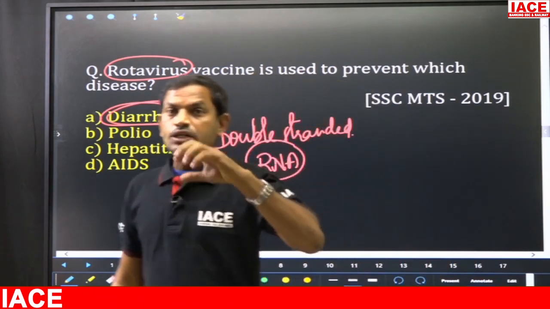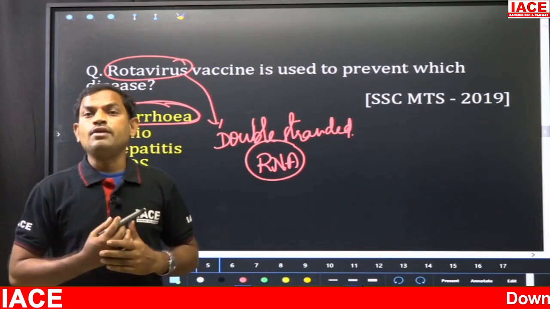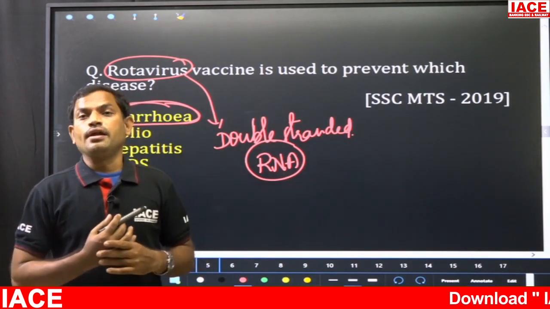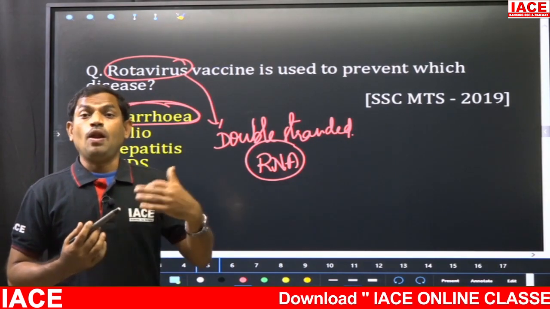When this vaccine was not invented, a number of children who did not have proper hygienic conditions may have lost their lives.